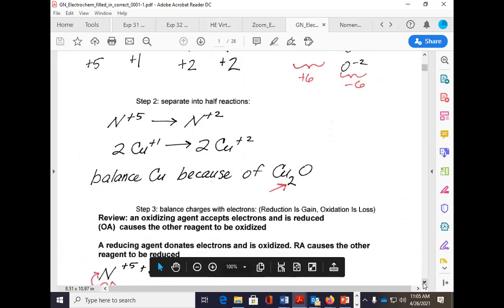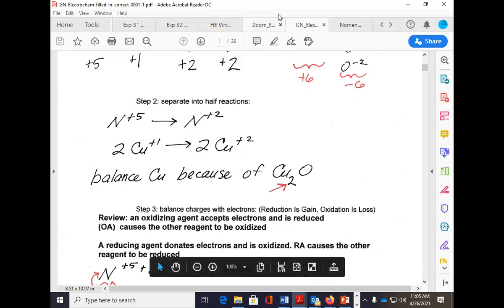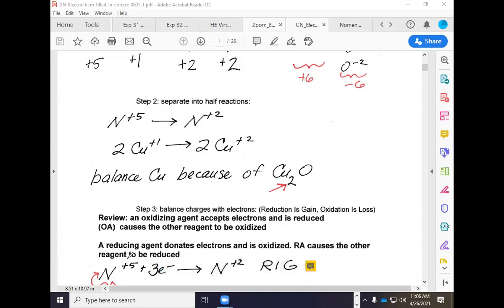Okay, so now we will throw in some electrons. This is a +5. This is a +2. You want a charge of +2 on both sides.